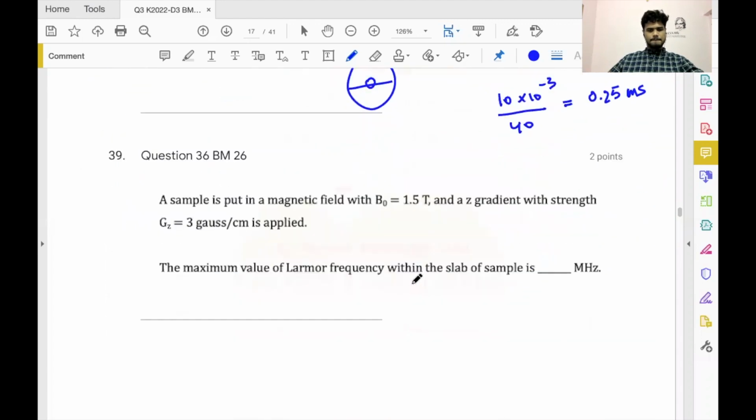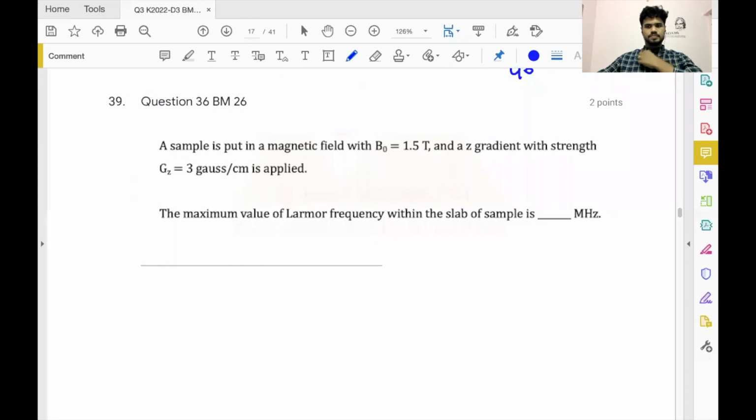Okay. Sample is put in a magnetic field with B naught as this. B naught is this, Z gradient strength GZ is this, maximum value of Larmor frequency within the slab. Yeah, we can say the range, this, that, and all that.